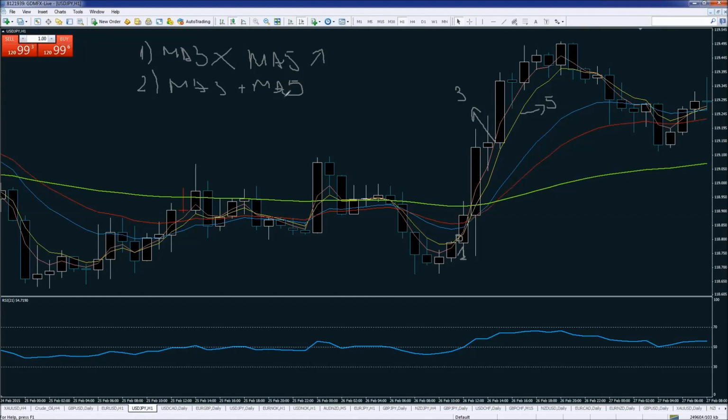Moving average 5 plus 3, they cross the channel of moving average 13, which is, as we already know, the blue one.